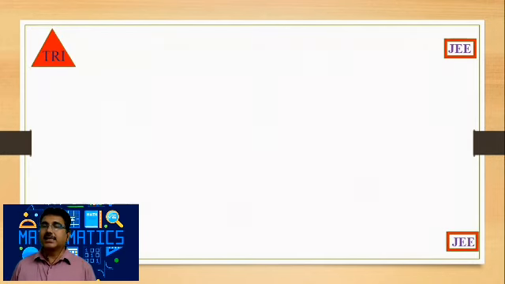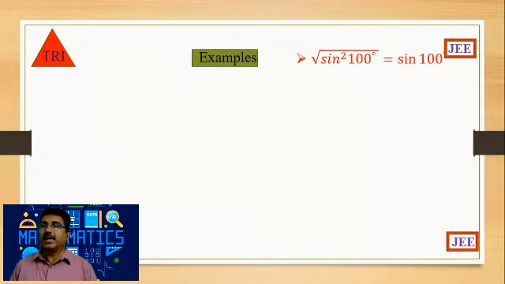See some examples. What is the value of root sine square 100 degrees? Students simply respond sine 100 degrees. Yes, it is correct in this case, since 100 degrees belongs to quadrant 2, and in quadrant 2, sine is positive.